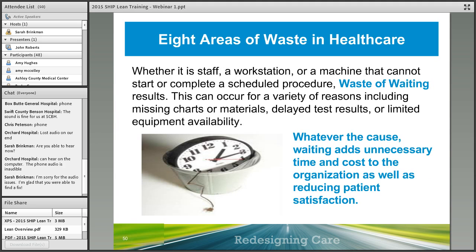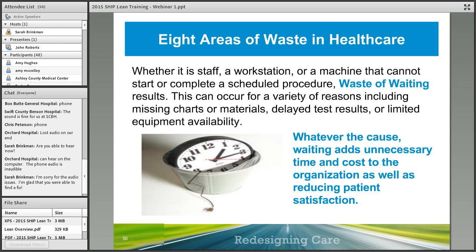Again, one of the areas of waste that I don't think we really, we kind of take for granted in healthcare because we're just so used to it, and that is the waste of just waiting. It doesn't matter what type of waiting that is.